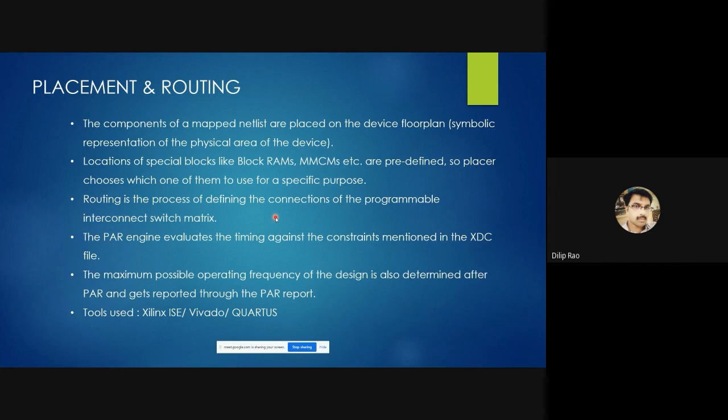For example, block RAMs, clock modifying blocks, and the clock resources are given priority one. They are selected based on your constraints. Then it is going to try to map the rest of the design, that is user logic, around that in a way so that the routing is very efficient, the timing goals are met, area goals are met, and your design is operating in a very efficient way. These are the different goals that the routing tool will try to chase and close.